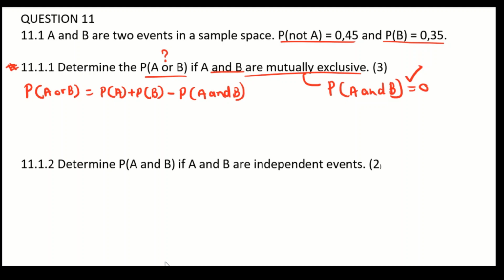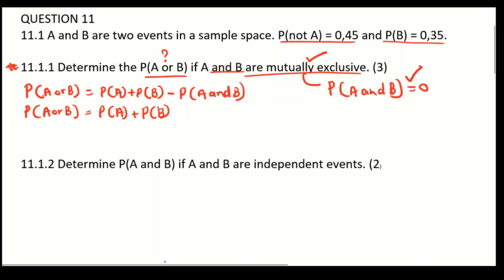Why? Because A and B are mutually exclusive. So you're just going to write down P of A or B is equal to the probability of A plus the probability of B. So now this is the formula.